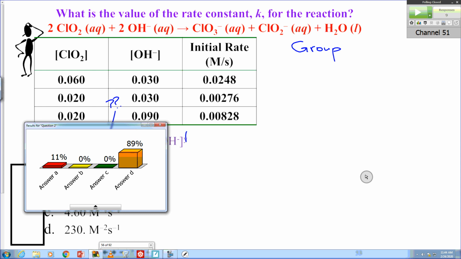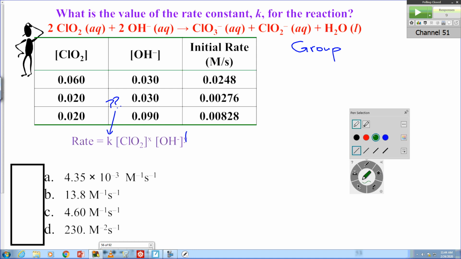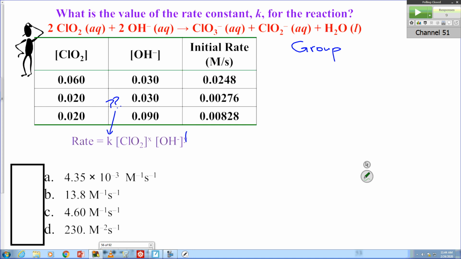So almost everybody liked choice D. I'm not sure if we clearly understand how we chose choice D, so I'm going to work it real quick. The first thing you need to do is find out what X is. For the next one, this pair stays the same, so I'd want to compare these two.